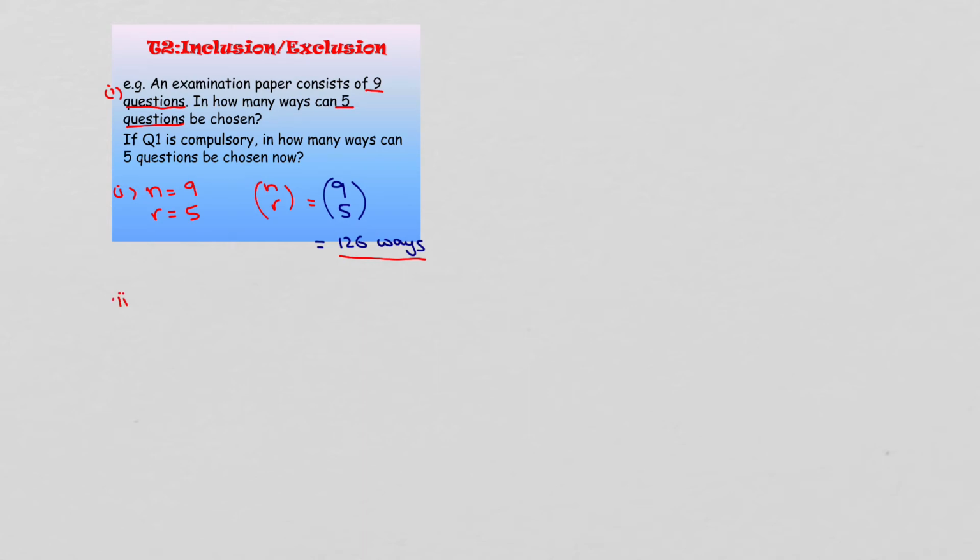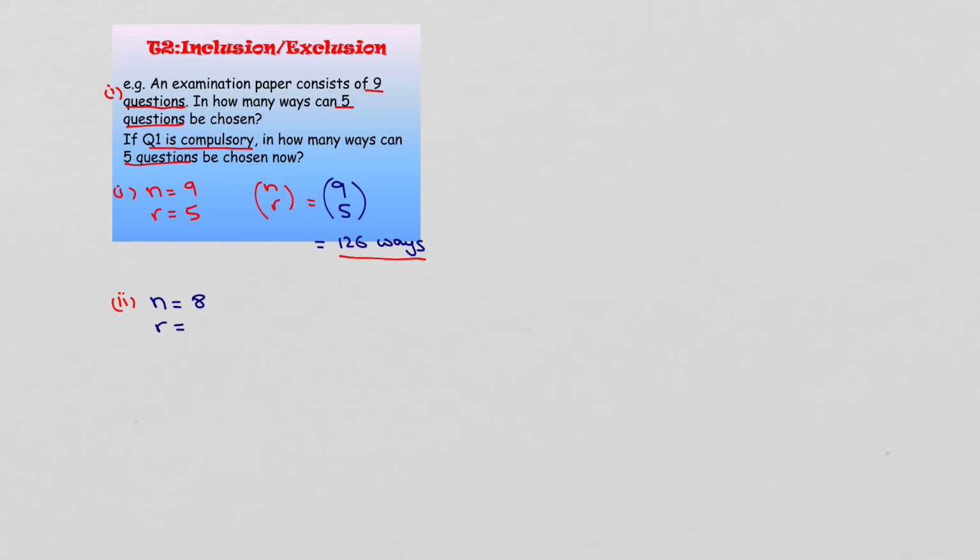The second part puts a restriction in: what if question 1 is compulsory? How many ways can 5 questions now be chosen? Because question 1 is compulsory, the number we have to select from is now 8, because one of them is already gone.